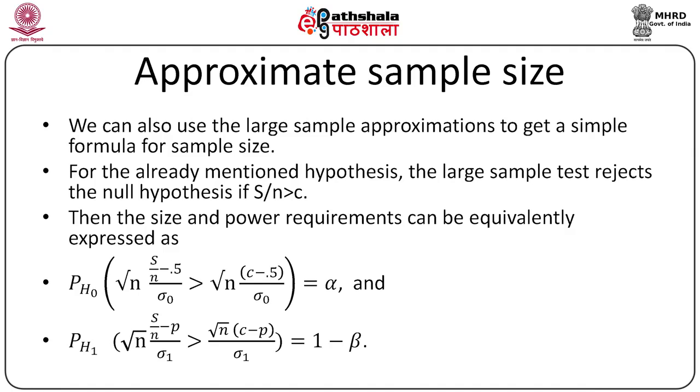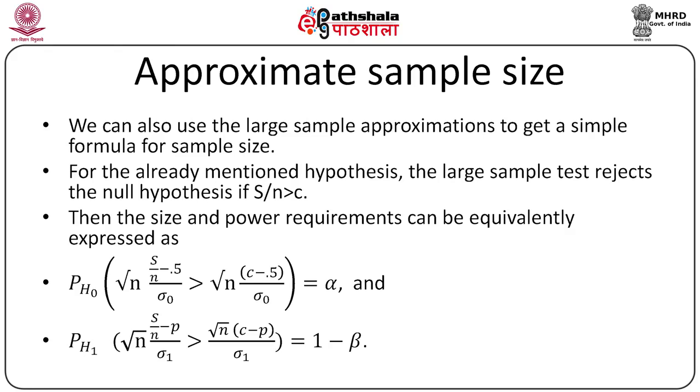To be specific, consider testing theta equal to 0 against theta equal to theta 1 with specified theta 1. Then, the large sample test, as we have defined earlier, rejects the null hypothesis if S by n exceeds C. Then the size and power requirements are probability under H0 of S by n exceeding C equal to alpha, and probability of S by n exceeding C under H1 as 1 minus beta.